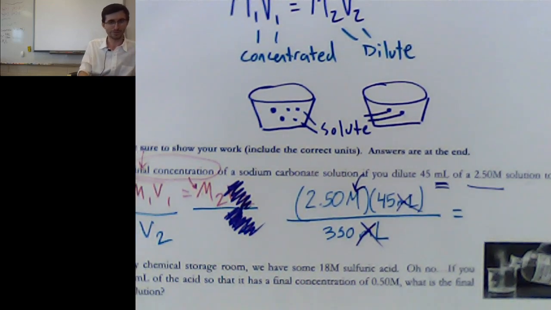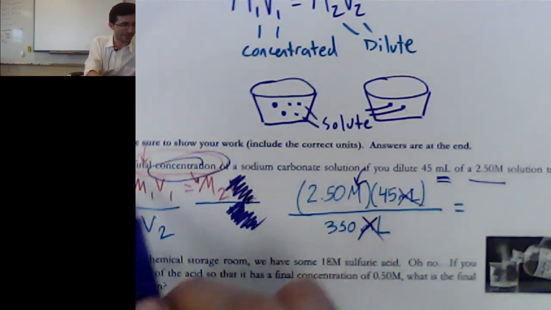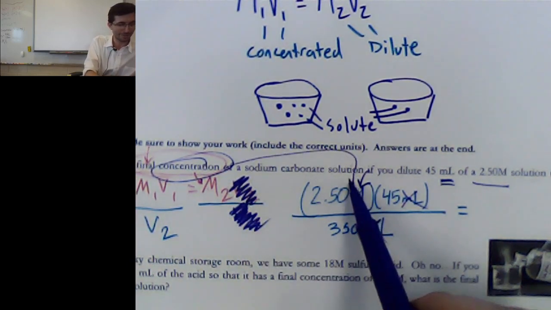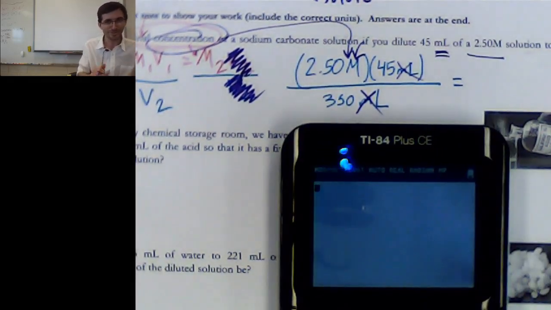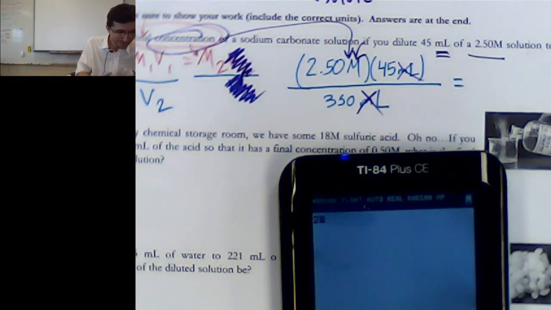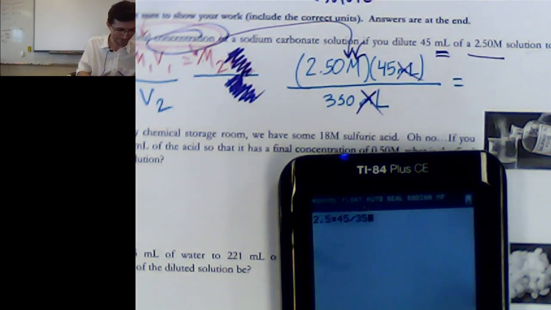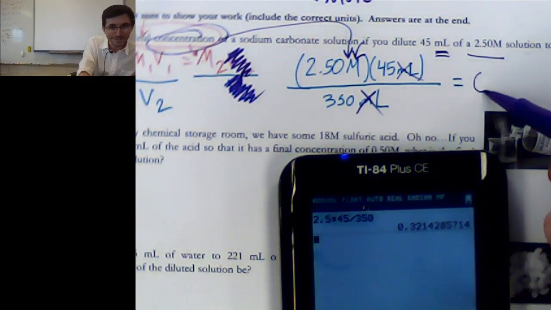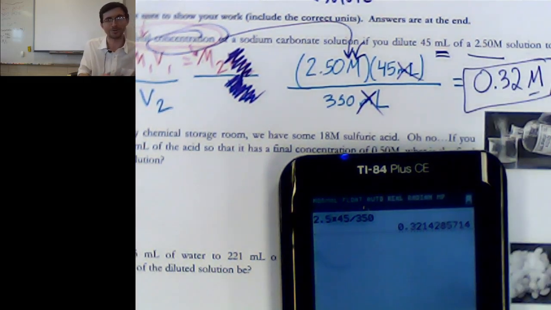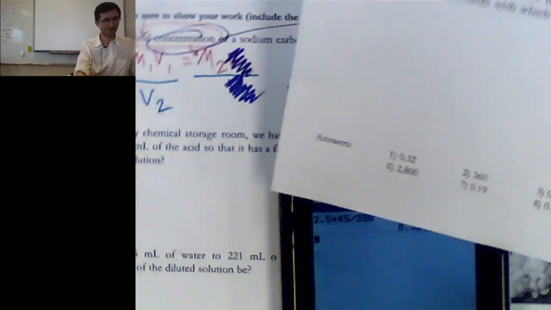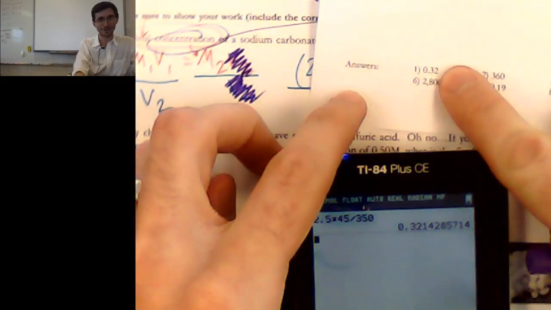We should be good, because we're trying to find the final concentration, and molarity is a concentration. 2.50 times 45 divided by 350 is 0.32 molar. And does that make sense? The back of our homework has all our answers, and there we go, 0.32.